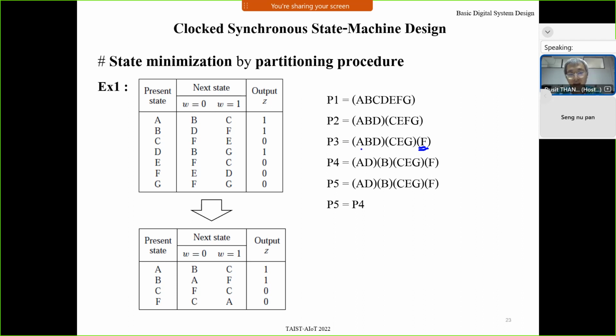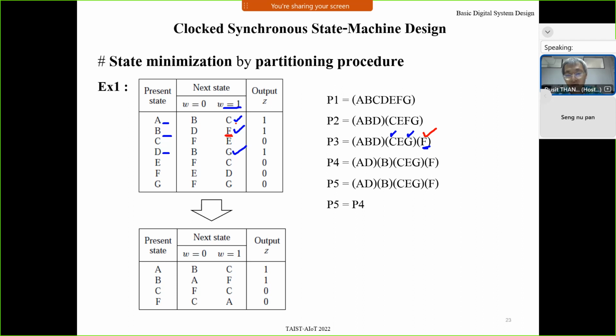And if I consider A, B, D, which give logic 1 output. Again, if I consider the input is 0, next state is B, D, B. Same group is okay, but when the input is 1, A, B, D go to C, F, G. This F, right?